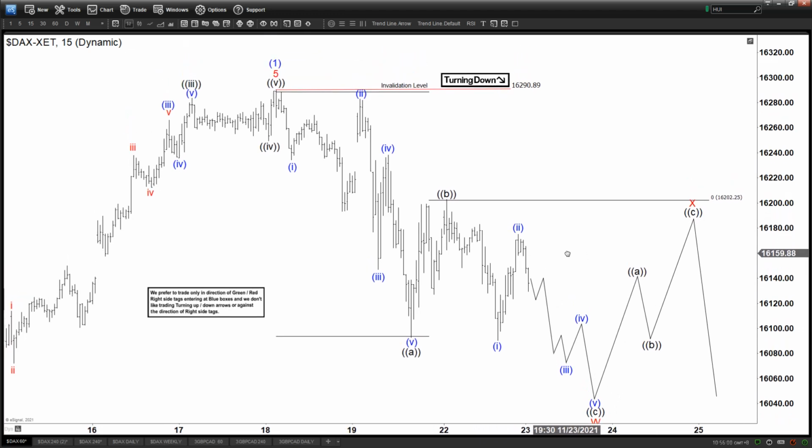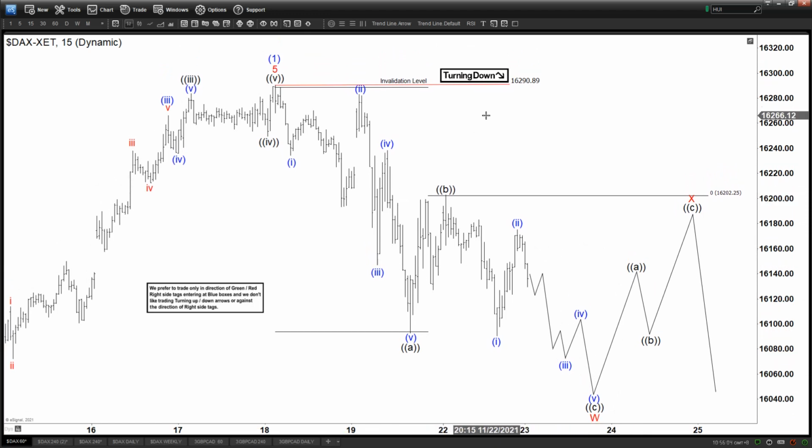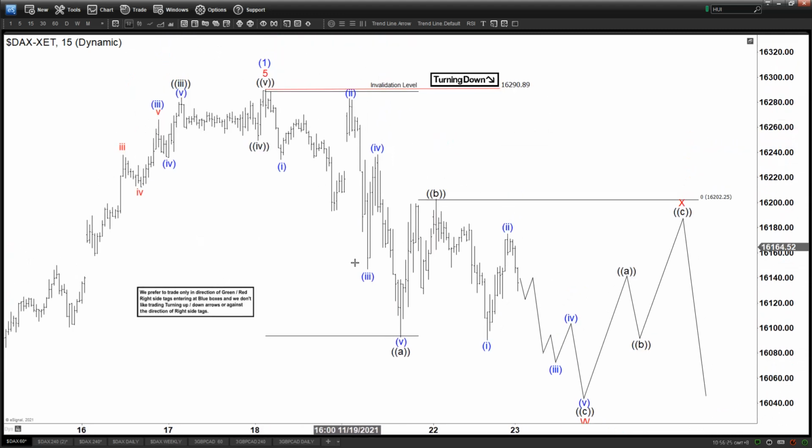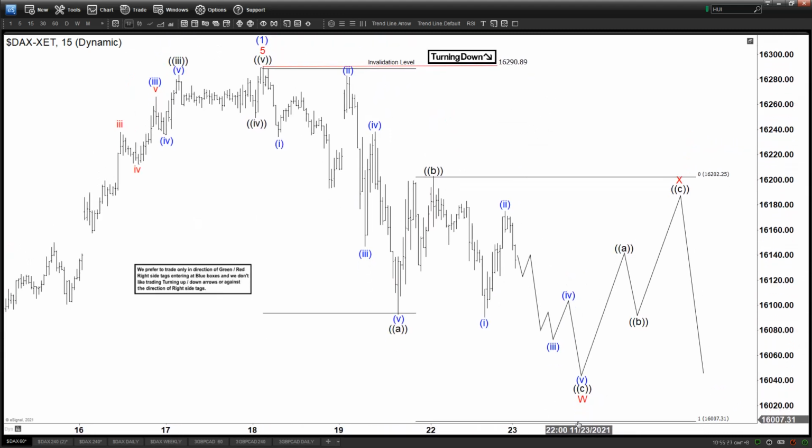So in the shorter cycle, what we are looking for is further downside in the DAX, as long as we don't start to rally and break above 16,290 again. Of course, we're still looking for another leg lower, and it can potentially go as low as 16,000, right? 16,000 is a possible target on the downside, which is the 100%. Then from there we could be finishing the previous ABC and then starting to rally or bounce.